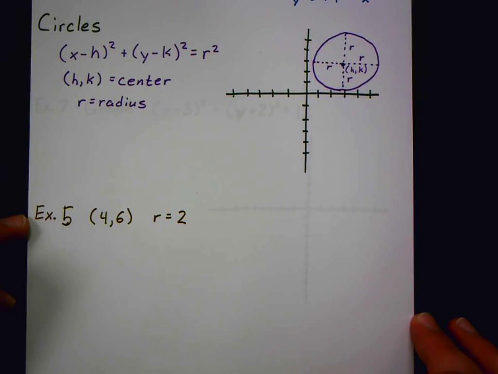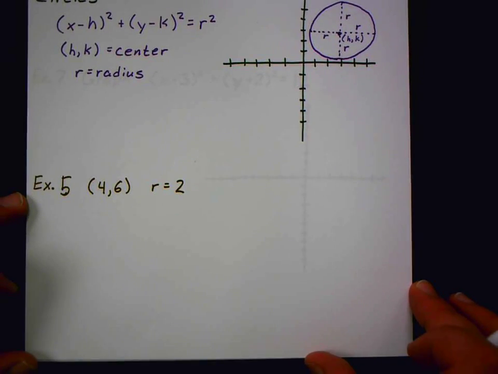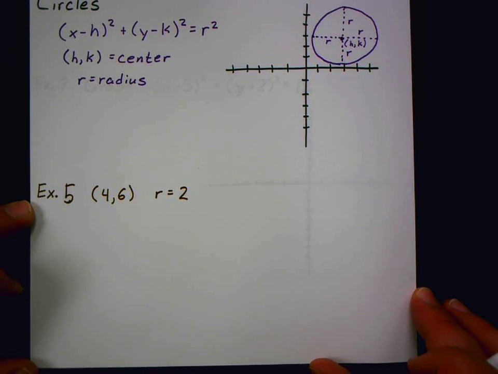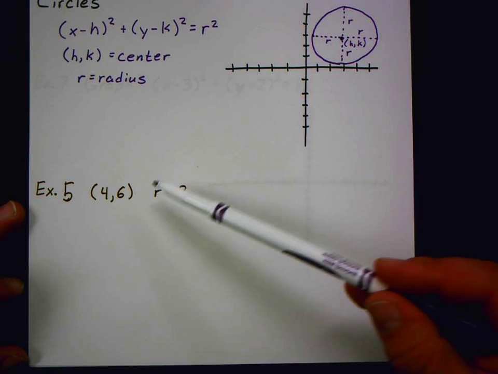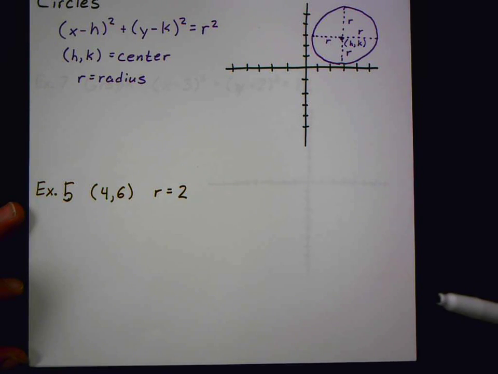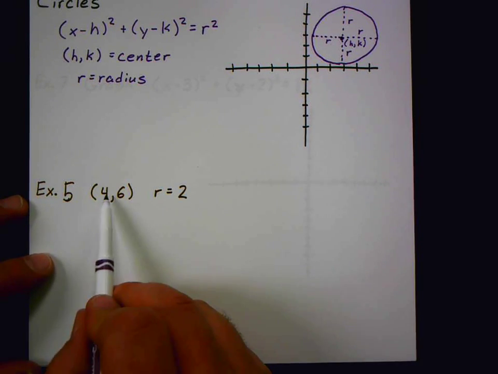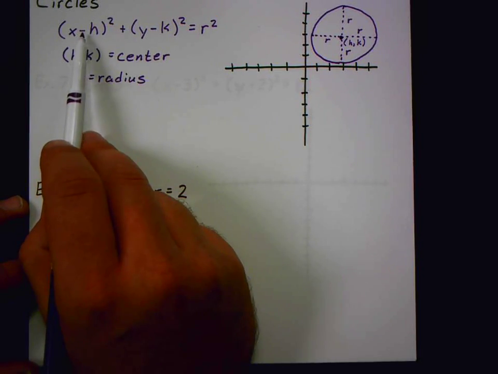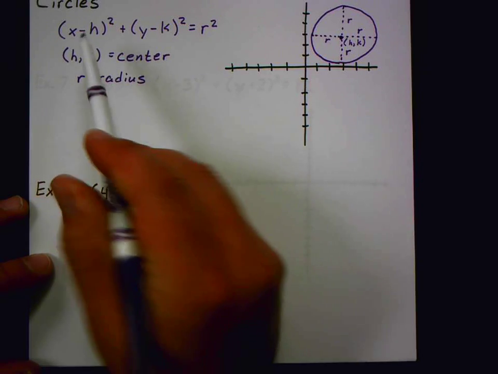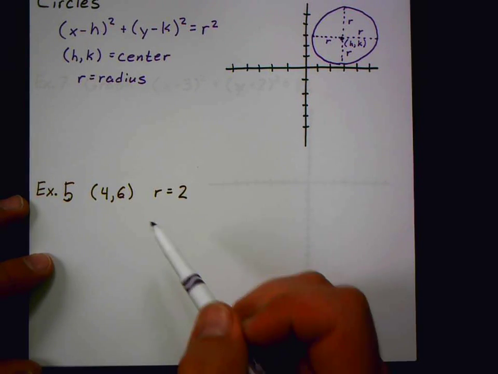Okay, so for example 5, I just gave you basic: here's the center, here's the radius, write the equation. The only thing I wanted to make sure of is whenever you put these points into the formula, you have to do the opposite because there's minus signs in the formula.